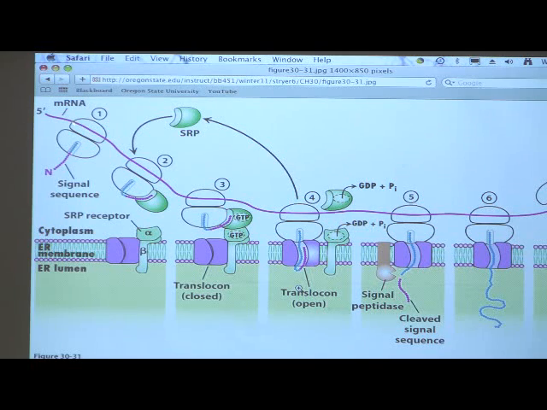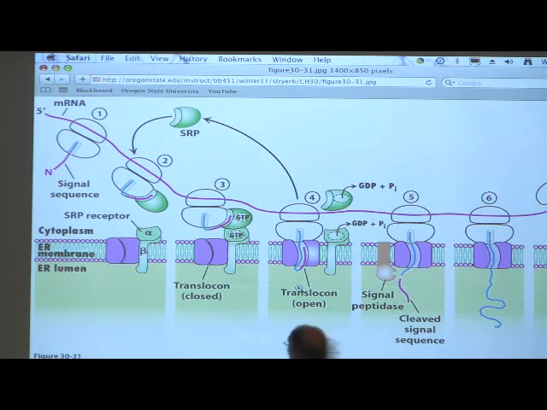So translation started, and what all this is showing is just a long messenger RNA. At the very beginning, this signal sequence pops out. SRP recognizes it and says, oh, you're supposed to go down here. So it drags it down to the endoplasmic reticulum. Now, translation is continuing while this whole process is occurring.